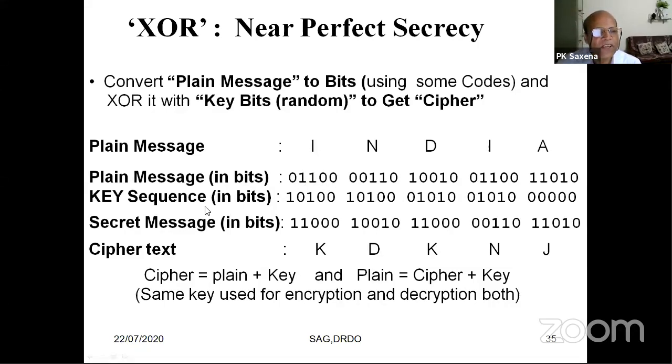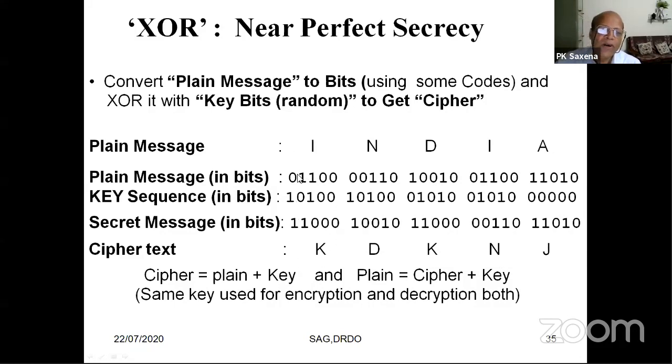And this key sequence, a binary key sequence, is like this, and we XOR them one by one: 0 1 is 1, 1 0 is 1, 1 1 is 0, like that. And this becomes my cipher, and again we regroup and convert it into characters if you like. So this plain text is now encrypted into K, D, K, and J.